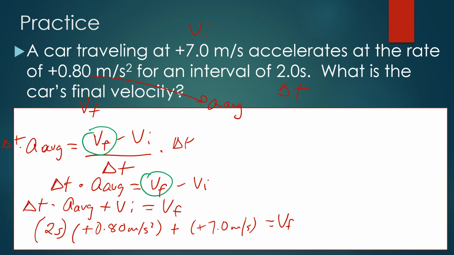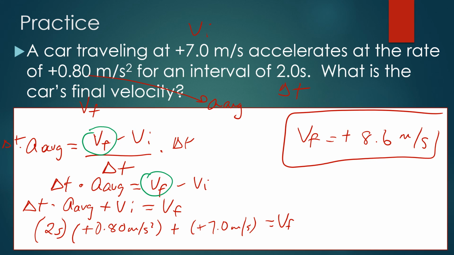So 2 times 0.8 is 1.6 plus 7, and it's 8.6. My final velocity is positive 8.6 meters per second. I'll make that look nicer.